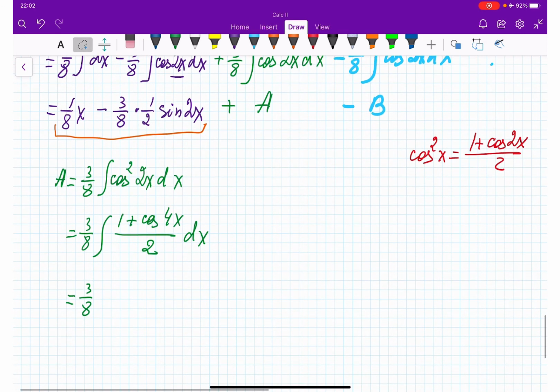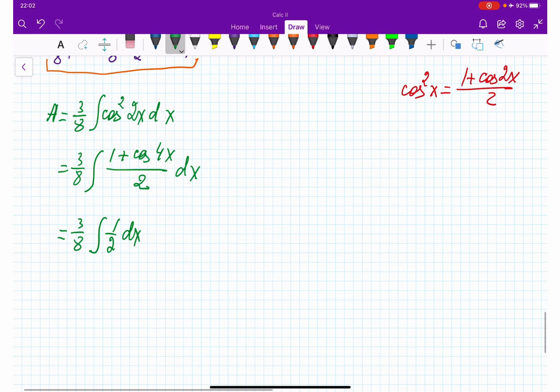Okay, I'm going to separate, so it's going to be integral 1/2 dx, and yet again I left it, that's okay, I'm going to take it out anyway. So plus 3 over 8 integral cosine 4x over 2 dx.